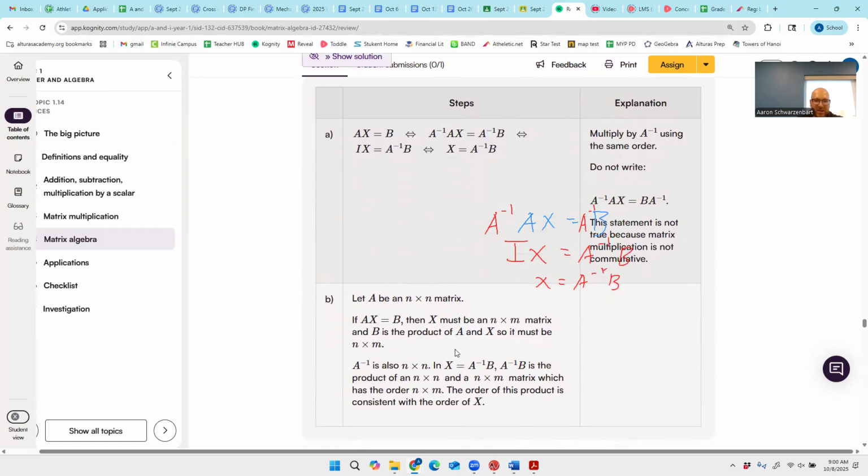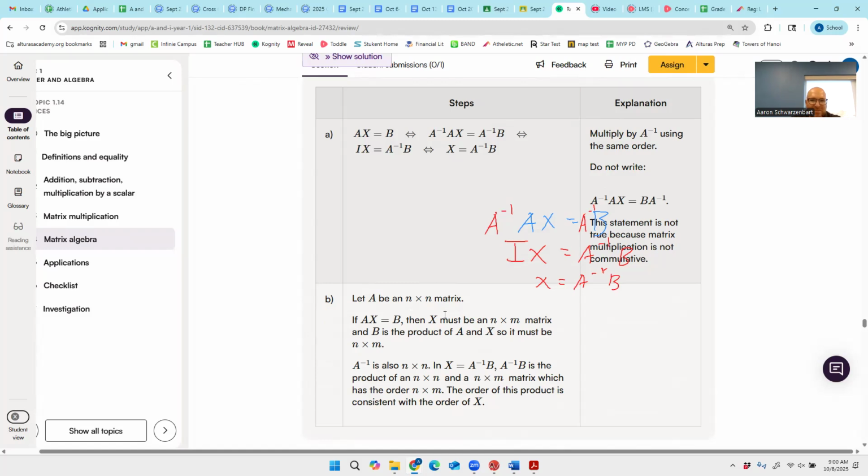Oh, okay. They're saying that A is n by n if it has an inverse. X does not have to be, so it's n by m. A has to be square. You can't inverse a non-square matrix.